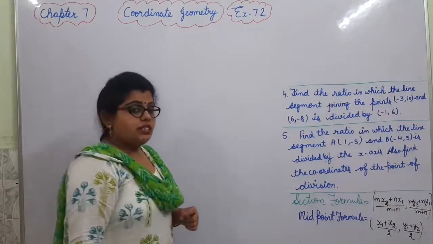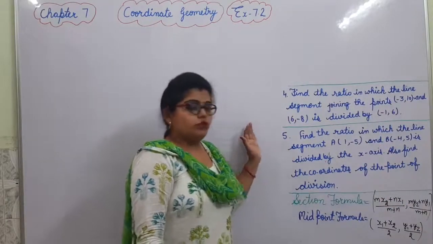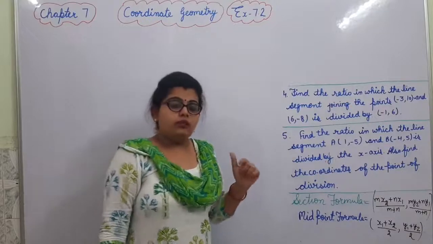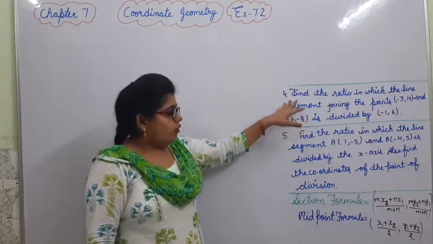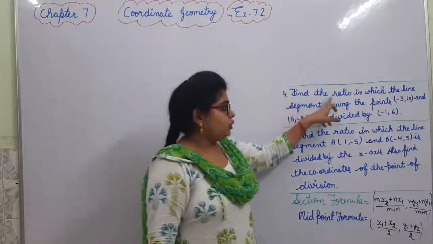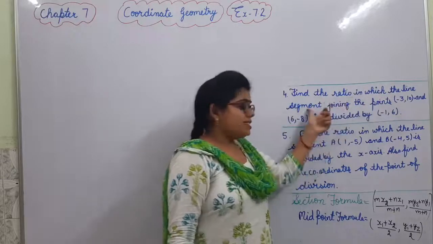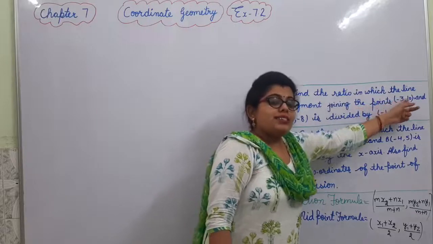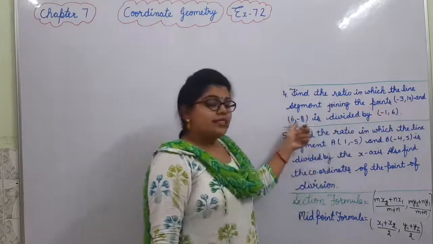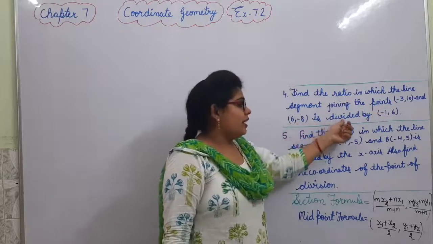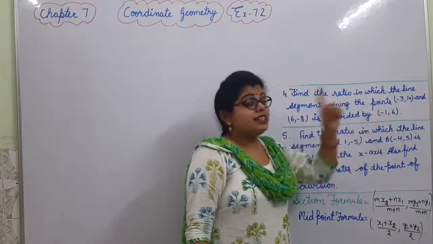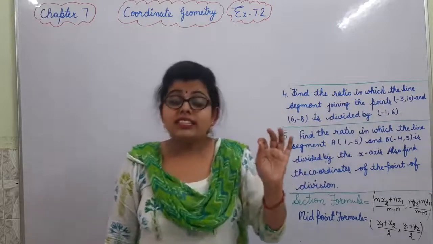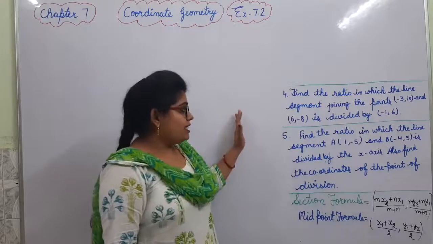Dear students, now question number 4. Question number 3 we will do later. Now what is given? Find the ratio in which the line segment joining the points (-3, 10) and (6, -8) is divided by (-1, 6). Dear students, read this statement carefully. What is asked?